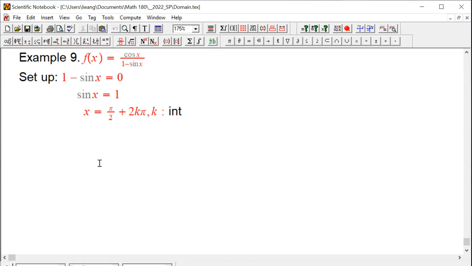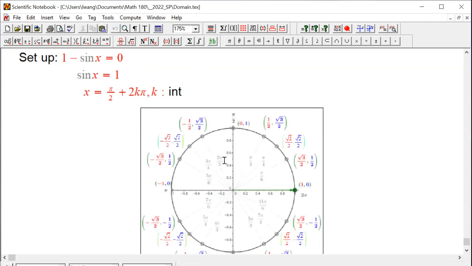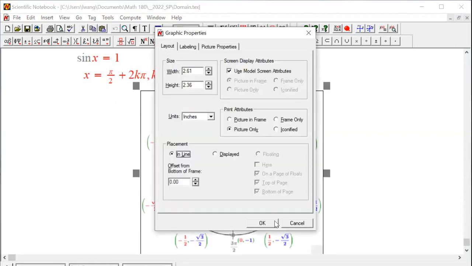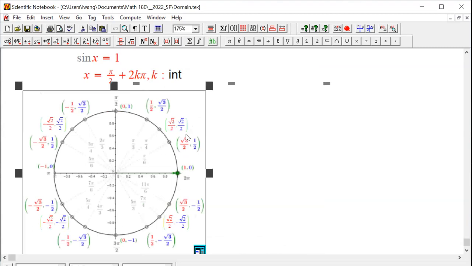So you can use the unit circle that comes to your rescue, right? You can use that unit circle to demonstrate this. It's just sine x cannot equal 1.